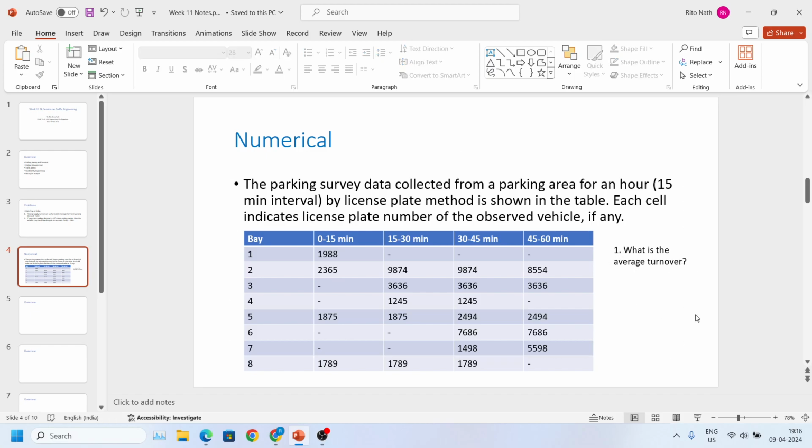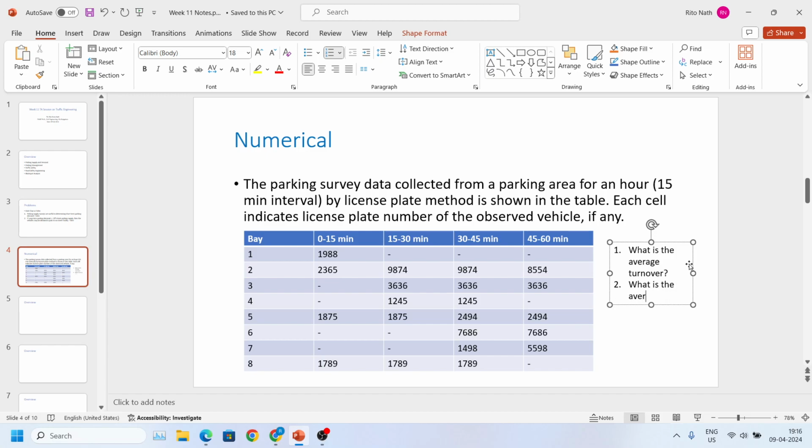Okay, the next question is also, I'll write down the questions here, that will be easier for you. So this would be, what is the average occupancy? This was also taught in the class. Third one is, what is the parking load?